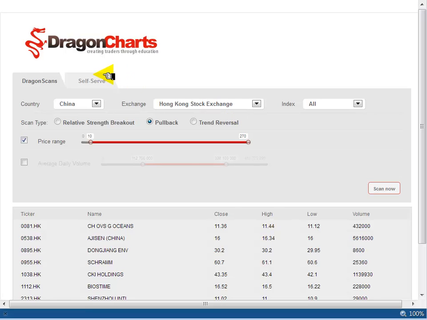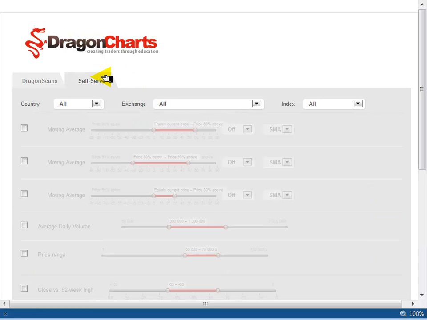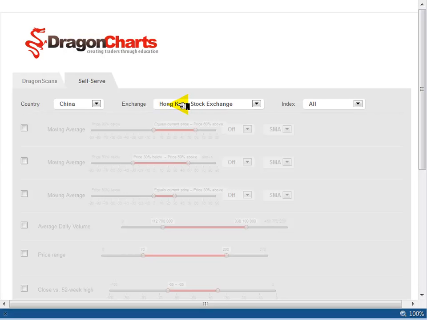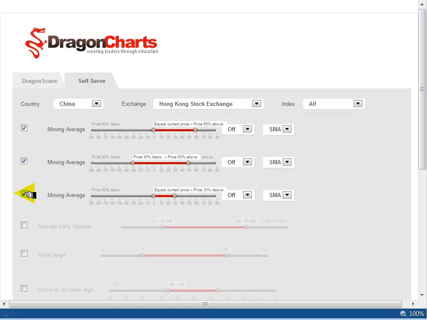Now let's look at the self-serve scan. On the self-serve scan here, we've got the same type of thing. We can select which country, which exchange, Hong Kong, Shanghai, Shenzhen, and then we simply have moving averages. We can select moving average scans.